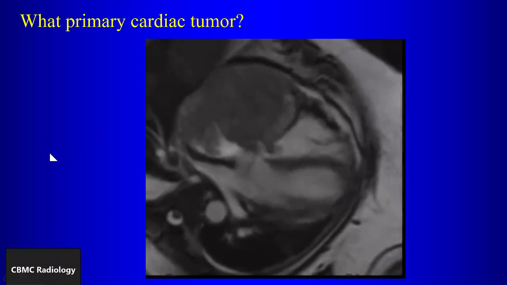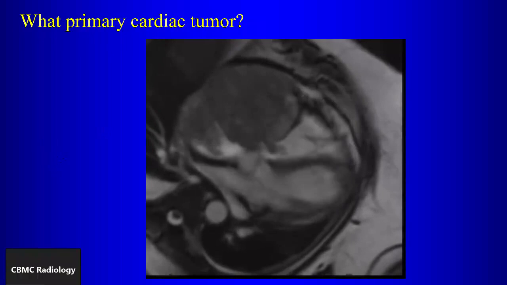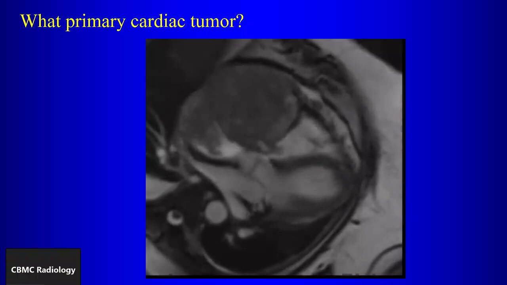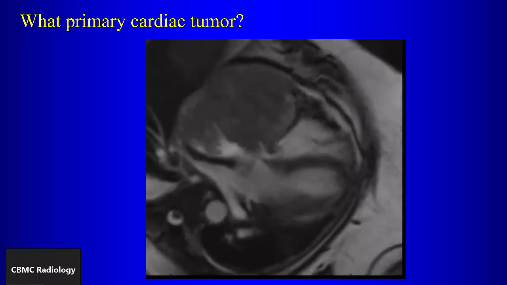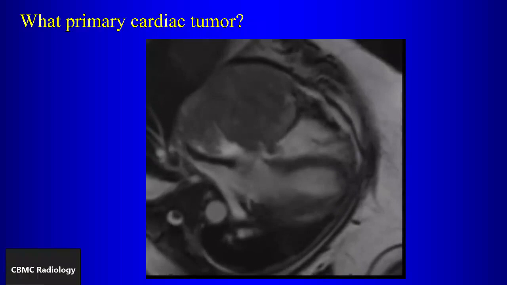Of course, when you think you're dealing with a malignant cardiac tumor, the first thing you say is that's mets, right. Mets is always the first thing that you say. But in this case, I'm asking you, what primary cardiac tumor would this be? So angiosarcoma. So why do you say angiosarcoma? Infiltrated looking bad tumor in the right atrium. Yeah, so it's a right-sided tumor.